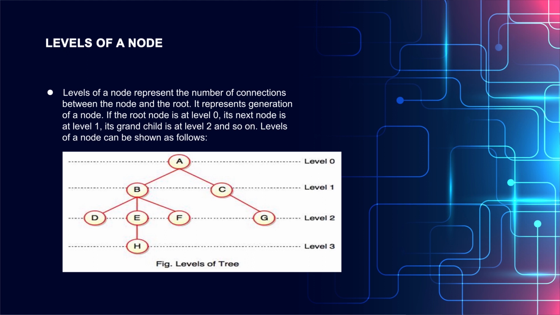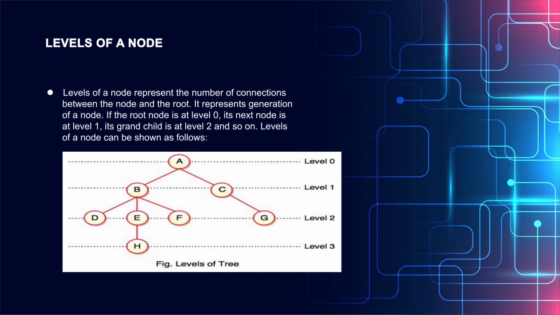A produces two children, B and C. B and C are siblings and both are the child nodes of A. That is why B and C hold the position of level 1. Again B produces the children D, E, F, and C produces G. D, E, F and G are the grandchildren of A, but have different parent nodes.